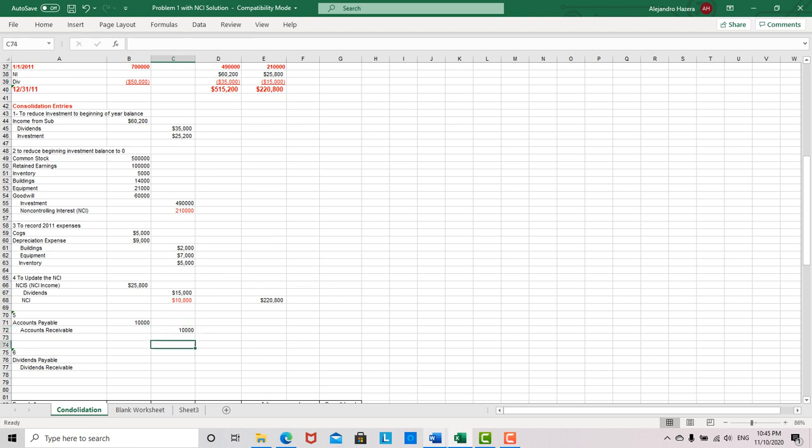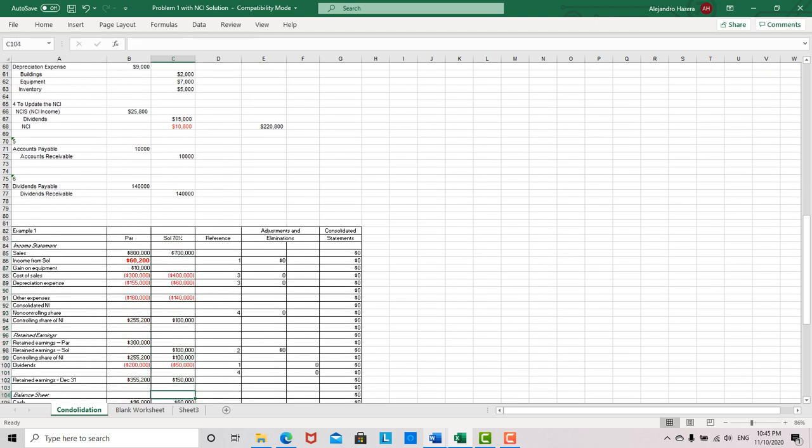Okay, and then finally, dividends payable, dividends receivable. I'll explain it when I do the consolidation, but this is important, but not that important. But we're going to have an entry to debit dividends payable for 14,000. I'll explain it in the next video. And credit dividends receivable 14,000. Basically, they owe each other.